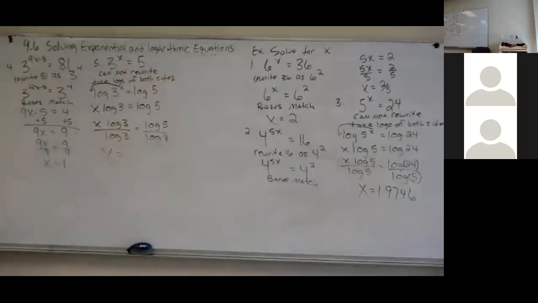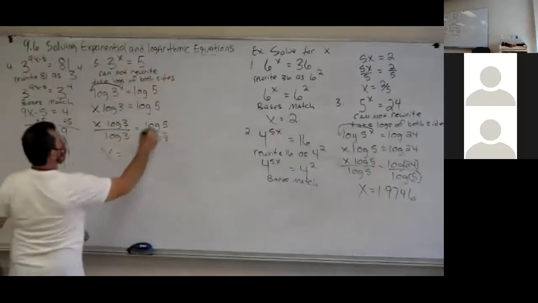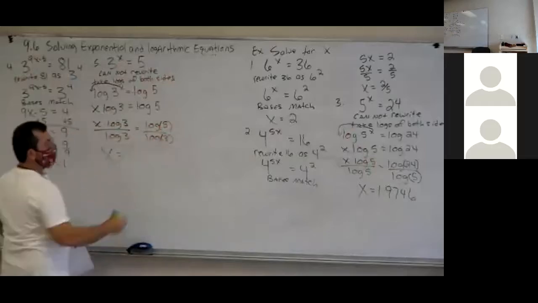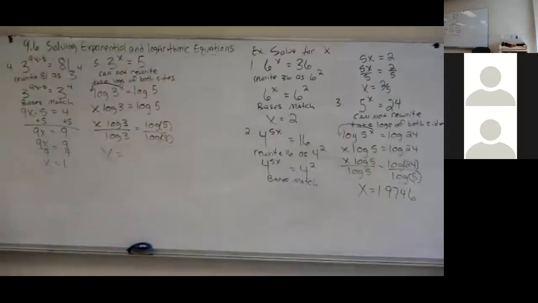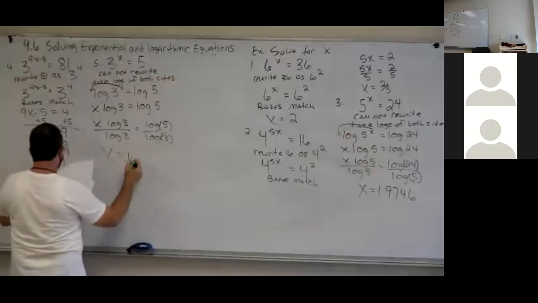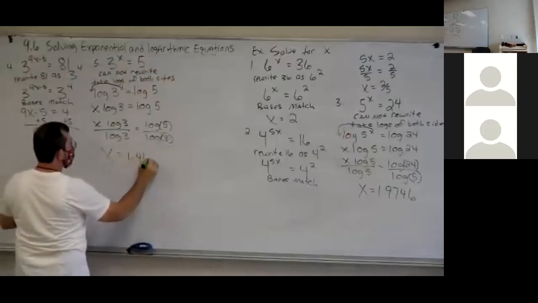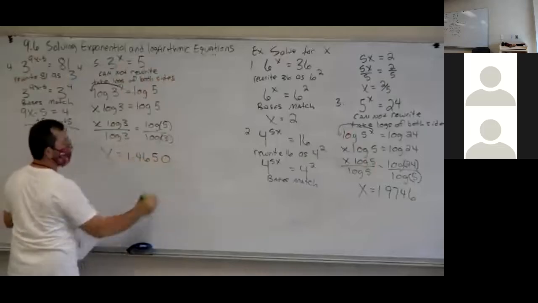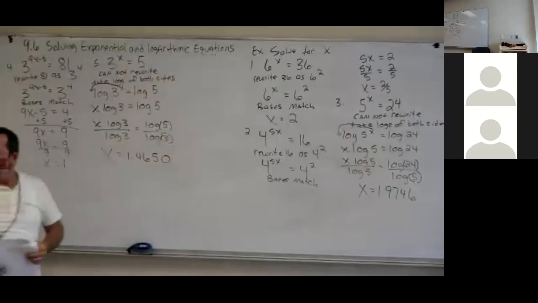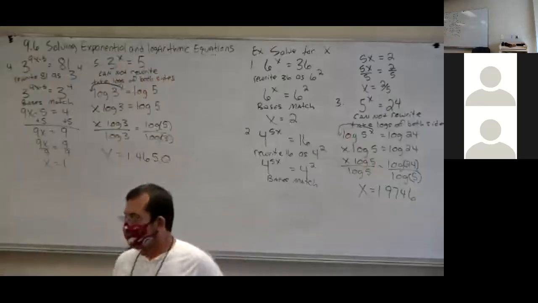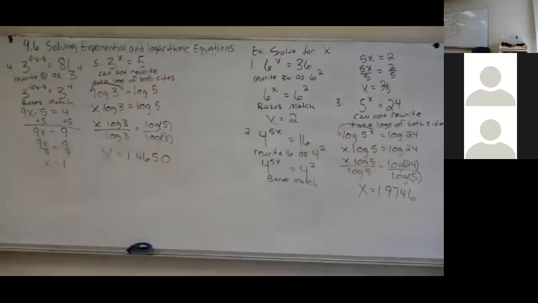So let's see, log 5 goes in parentheses. And then you're going to divide that by log 3. So this is what, number 5. So on that, I got 1.4650. That what you got? Yeah, they're just rounding that 4 because of that number behind it.